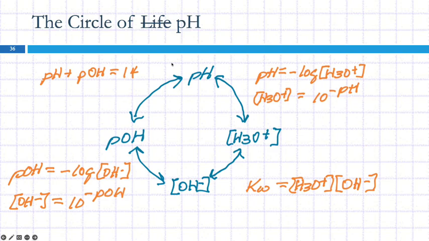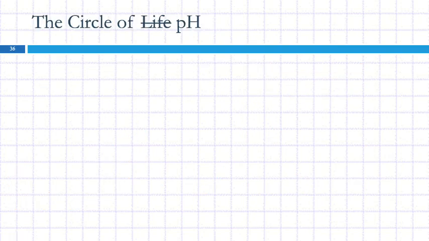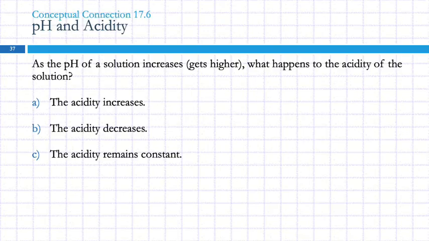You should be able to do all of those conversions, all those calculations. As the pH of the solution increases, meaning gets higher, what happens to the acidity of the solution?